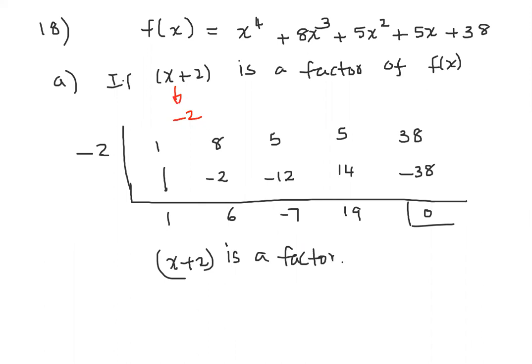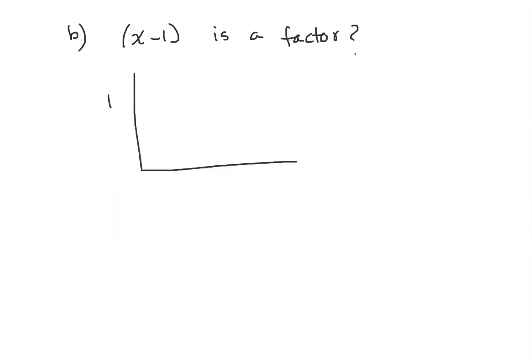So this is part A. Part B, the second question, is we have to find out if x minus 1 is a factor. We are going to check. We have to divide by +1.